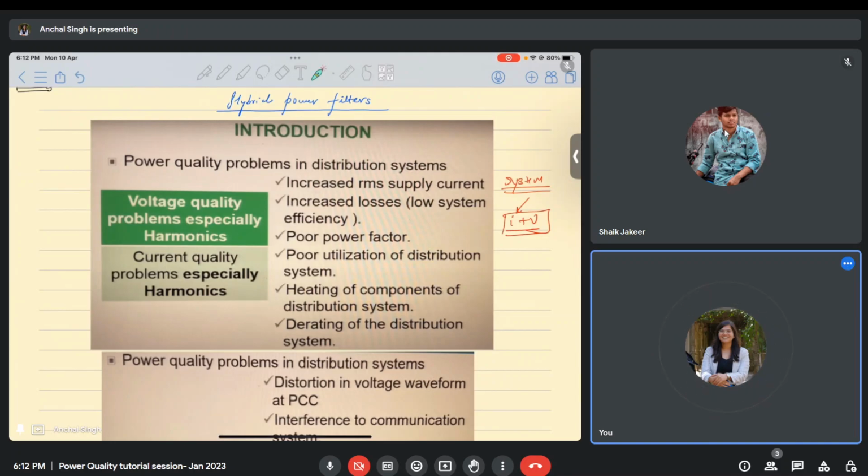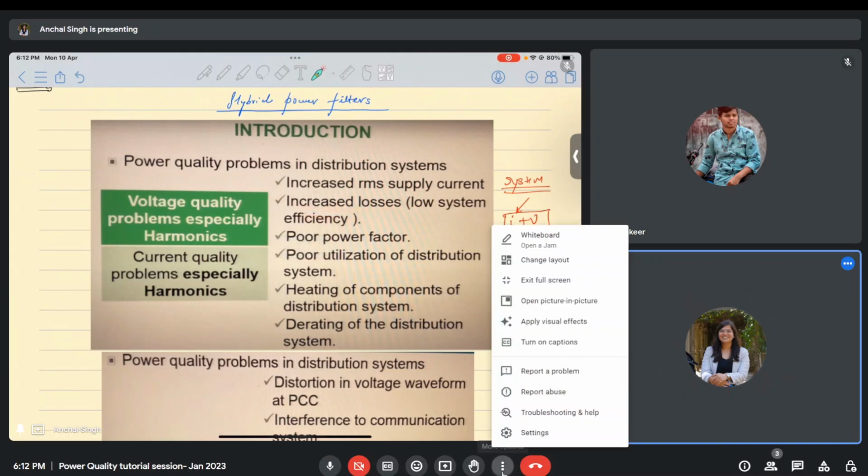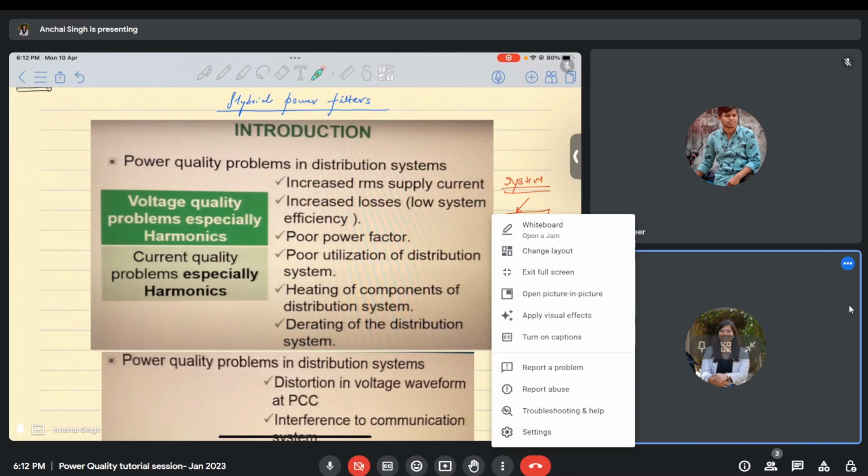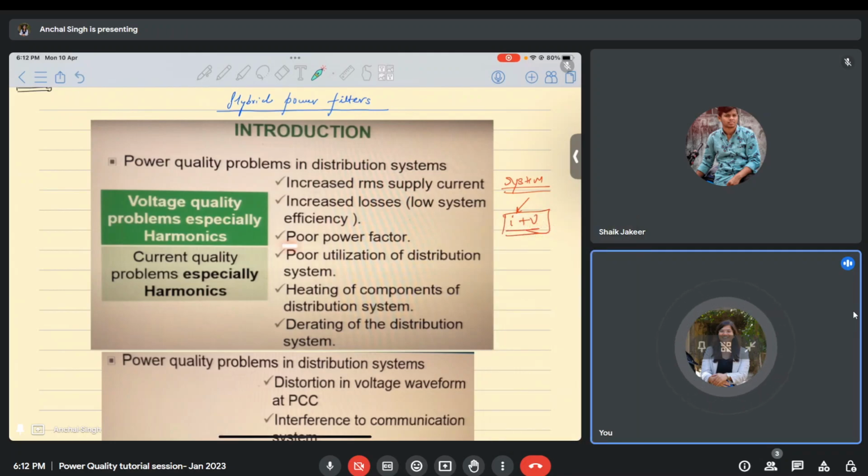Now, what happens due to the presence of these voltage and current power quality problems? What happens in our distribution system? The RMS supply current increases. Why? Because of the presence of harmonic current. Then there are increased losses in the system, and because of the increased losses, there is poor power factor. Because of all these problems, we are unable to utilize the existing infrastructure to its full capacity.